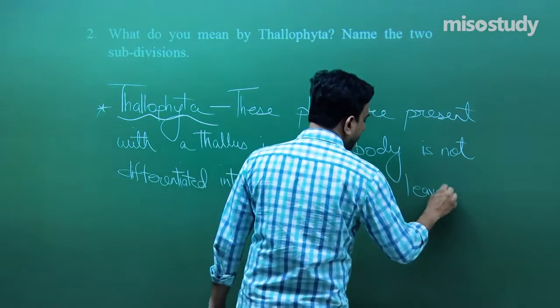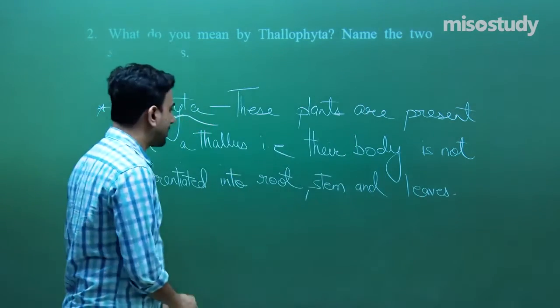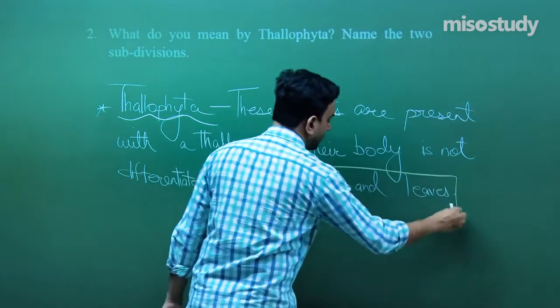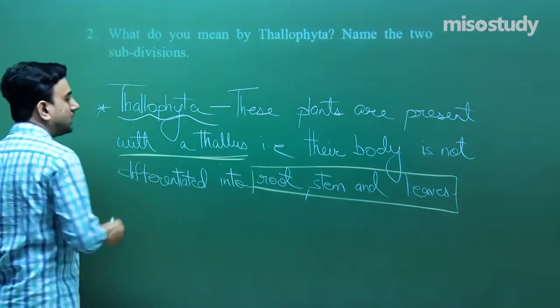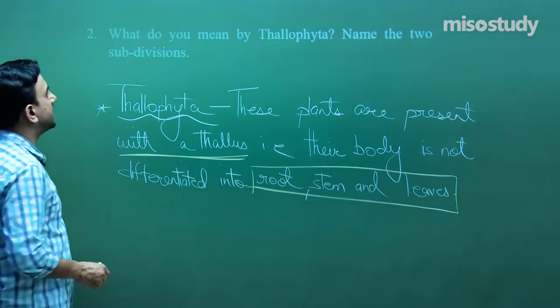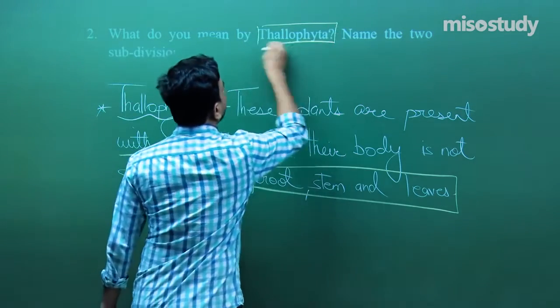Their body is not differentiated into the root, stem and leaves, and that is what we mean by the term thallophyta.